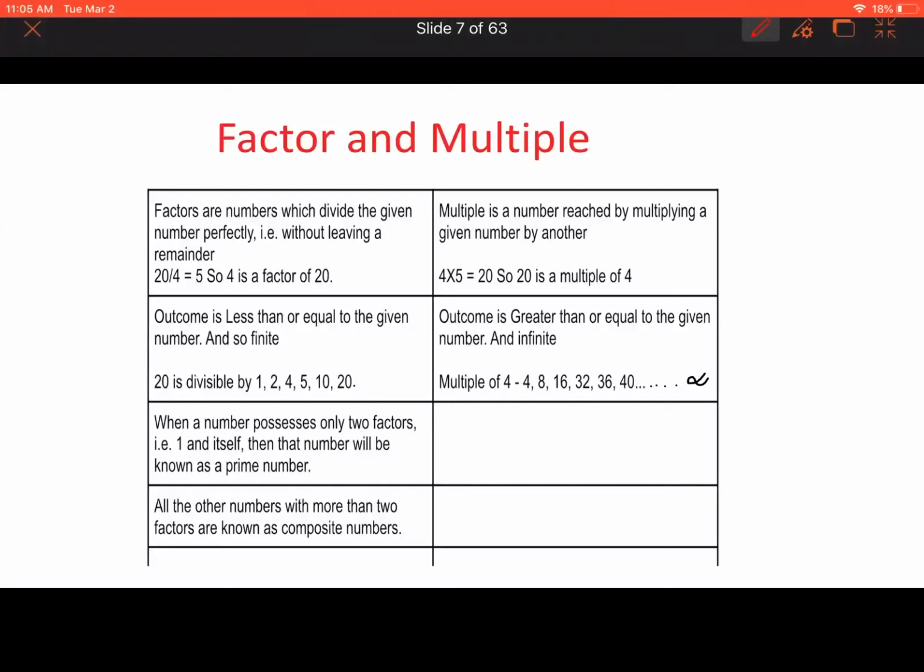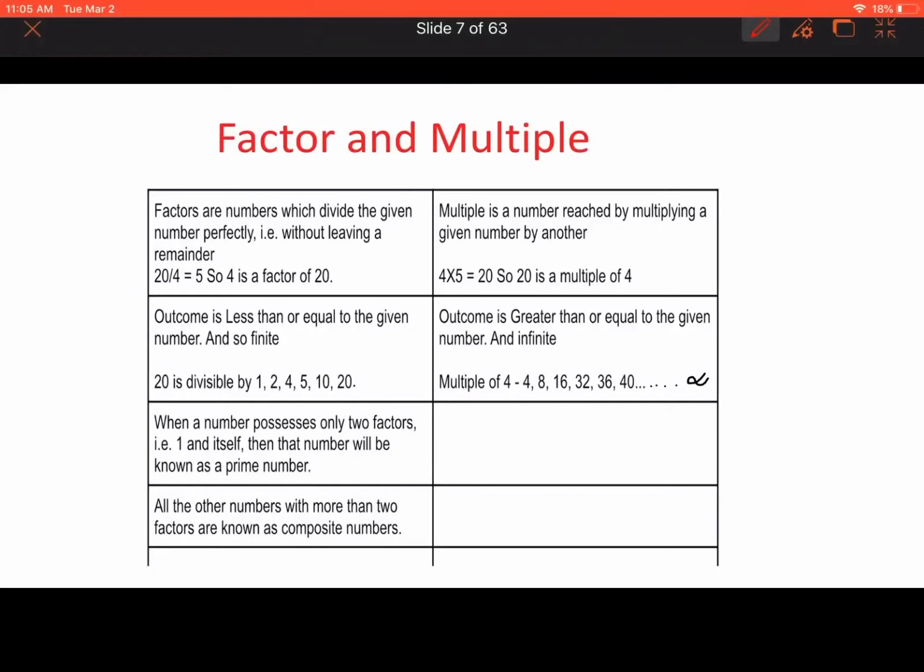The second property is that the outcome is less than or equal to the given number in the case of a factor, and so it is going to be finite. So the number 20 is divisible by 1, 2, 4, 5, 10 and 20.